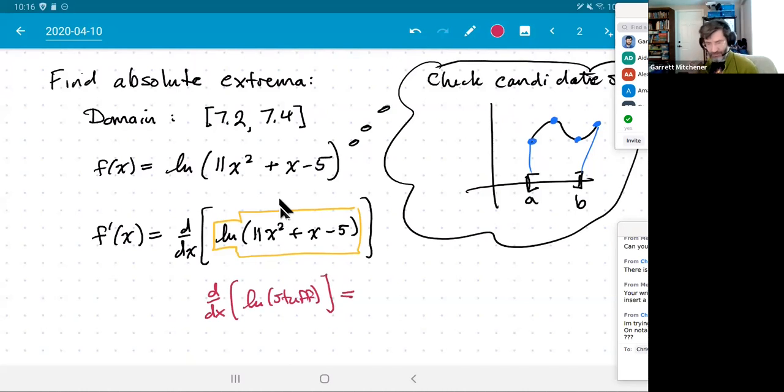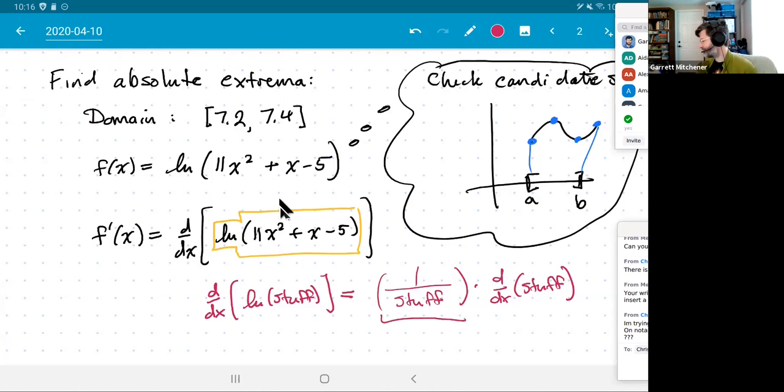And if you check on the video for this, and also in the slideshow and in the notes, the derivative of ln of stuff is reciprocal of the stuff times the derivative of the stuff. So derivative of logarithm is reciprocal. And since we almost always are doing the logarithm of something that involves several other operations, you almost always need the chain rule.